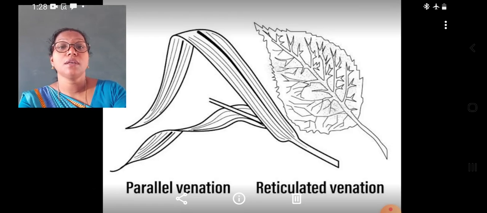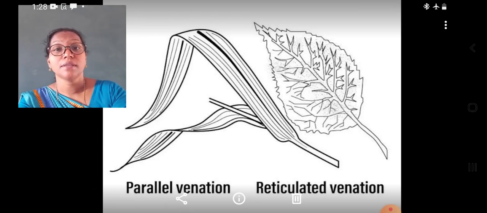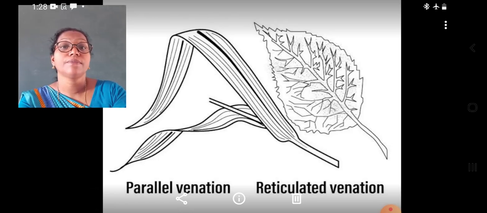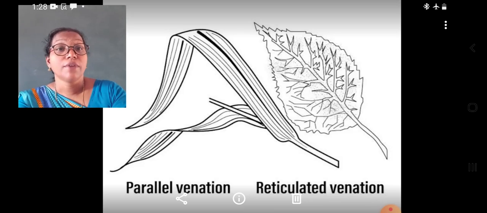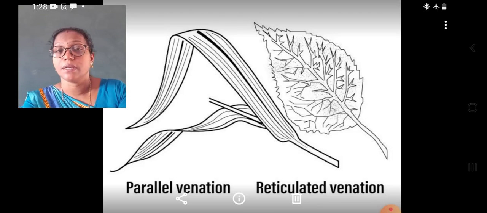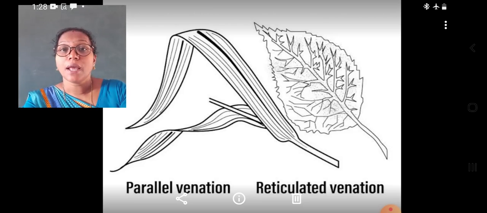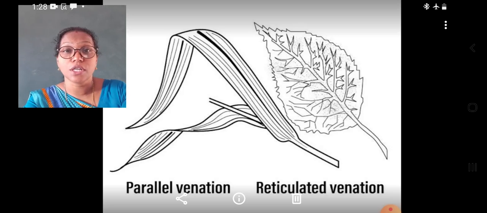Parallel venation, in which the veins run along the leaf in parallel lines. The lines or the veins are parallel to each other. Such a leaf shows the parallel venation. Parallel venation is a characteristic of the monocot plants.